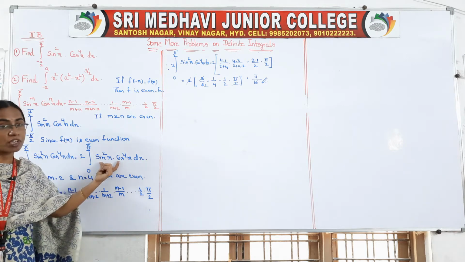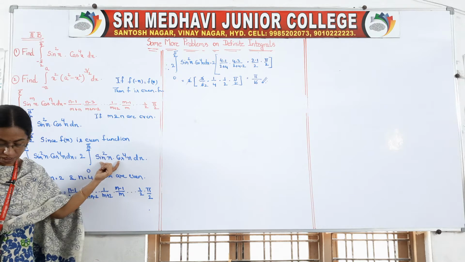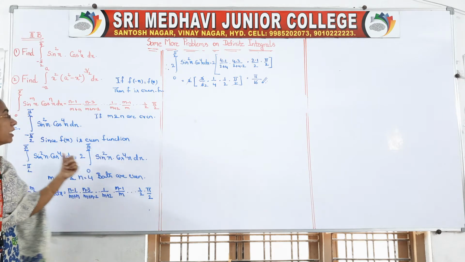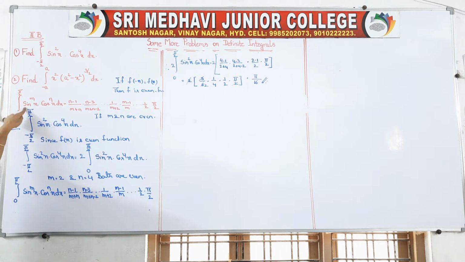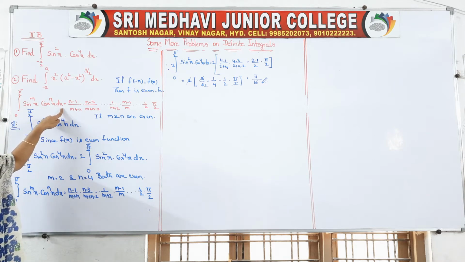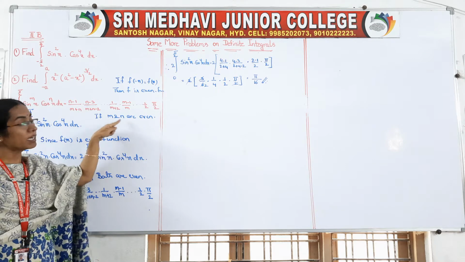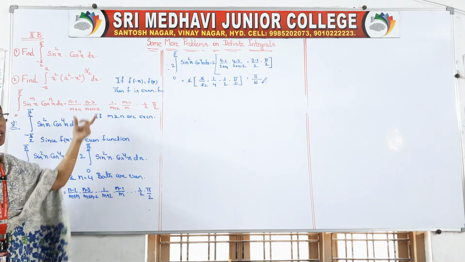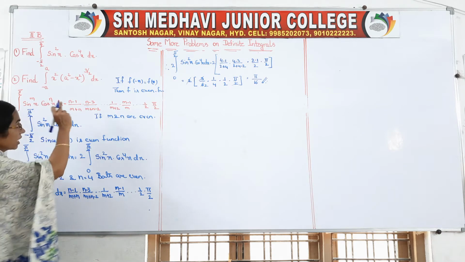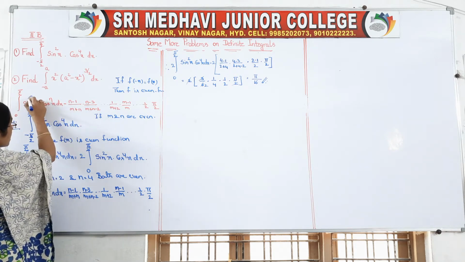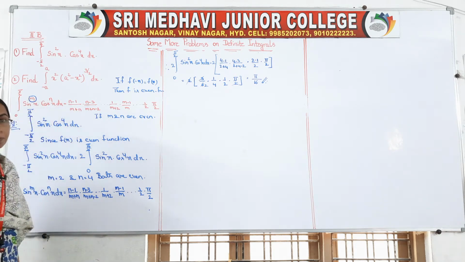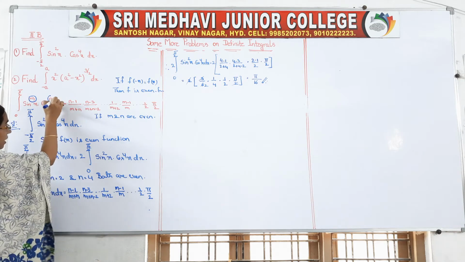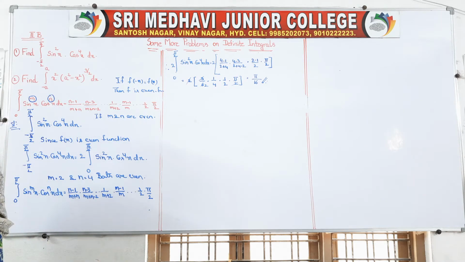After that, we apply one new formula. What is that formula? Integral 0 to pi by 2 of sine to the power m x into cos to the power n x dx is equal to, when m and n both are even, we have to take this formula. So we have to consider sine power as m and cos power as n, always sine power as m and cos power as n.